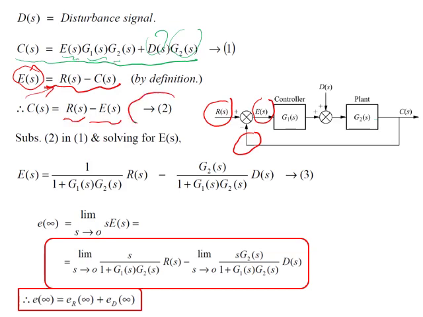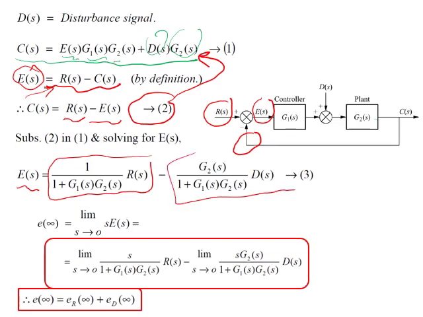Now let me substitute equation number 2 into equation number 1, and rearrange it. We will find that E(s) can be calculated as this part minus this part. As usual, this kind of result gives me the error at a specific point, which may not be the end of the response.